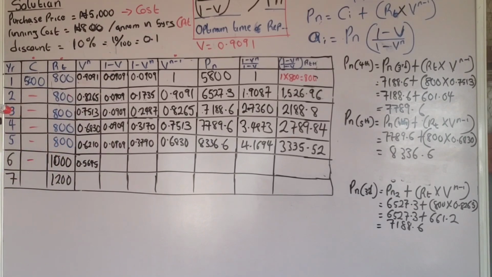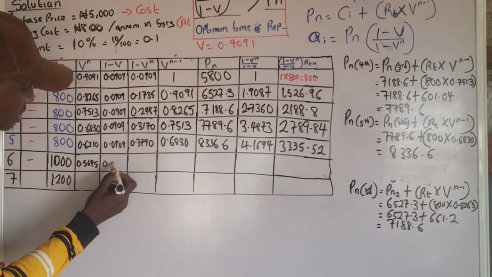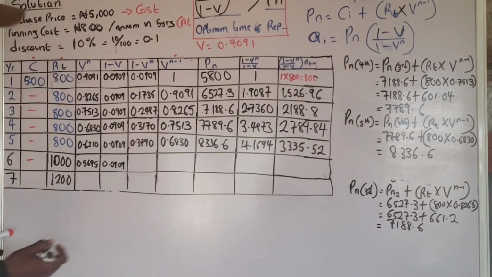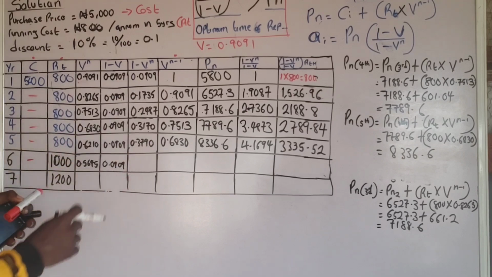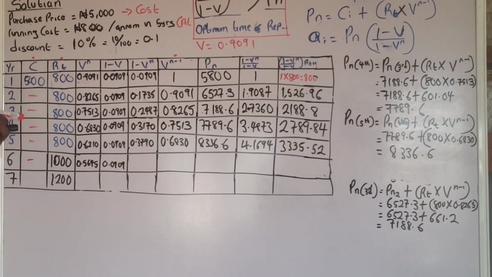Okay. Now let's proceed to the next column, which is 1 minus V. 1 minus V is 1 minus 0.9091. That will give us 0.0909. Okay, for 1 minus V raised to the power of N, we are going to have 1 minus 0.5645, so I'm going to have 0.4355.